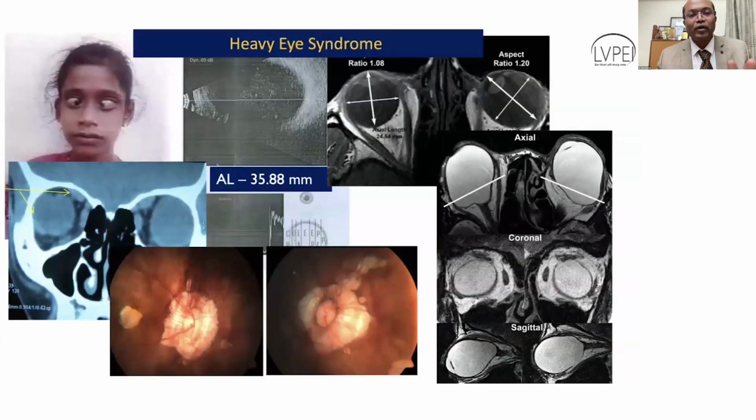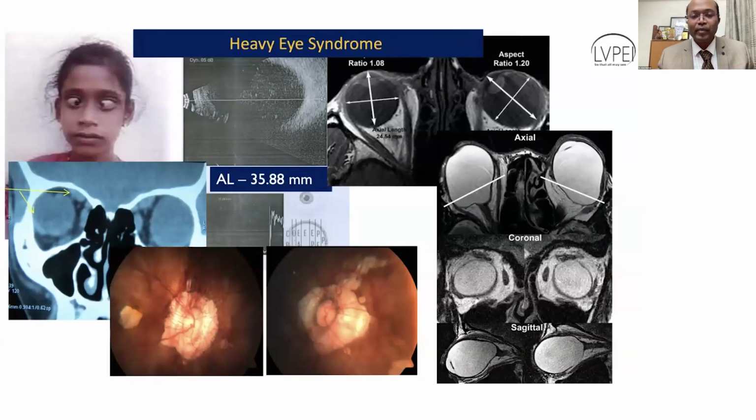As we all know, heavy eye syndrome typically presents with a very large isohypertropia complex. They'll have a very high axial length, so globe elongation. And most of the time, their fundus will have pathological myopic changes. Sometimes the strabismus is so severe that you can't measure the axial length, and you might need to do a B scan to document.